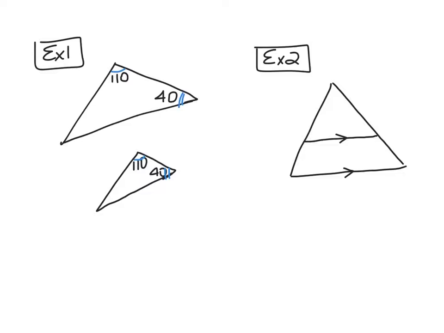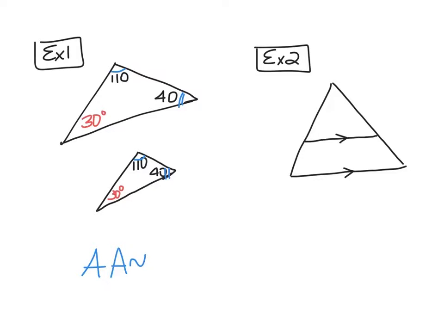When I do that, I'm going to get that this last angle is 30 degrees. Well, it turns out I'm doing the exact same math problem in the other triangle, no matter its physical size as far as side length, so I'm going to get 30 degrees again. So even without having to find that third angle, I can say that these two triangles are similar by angle-angle similarity.